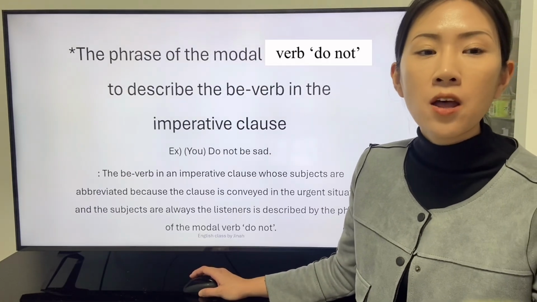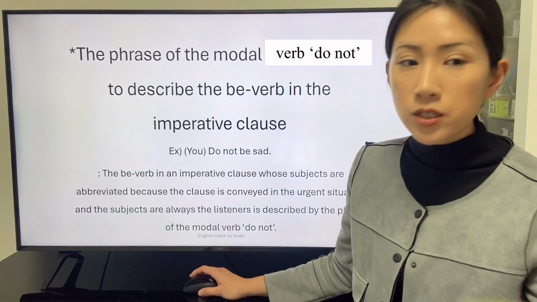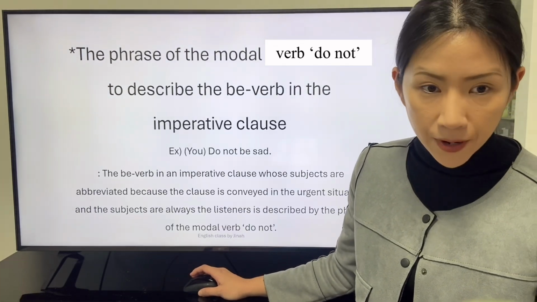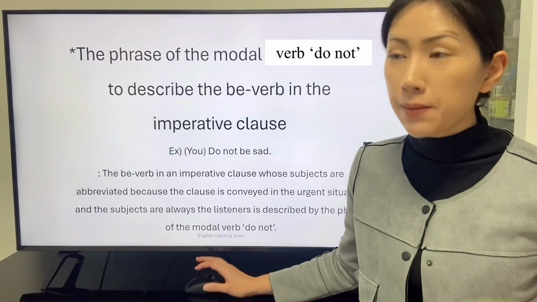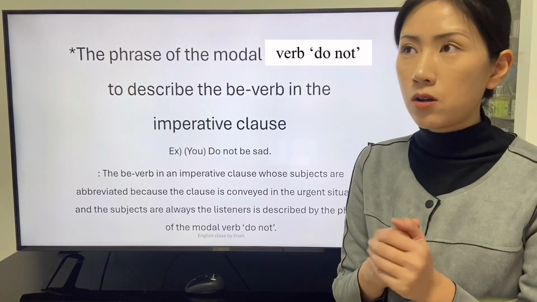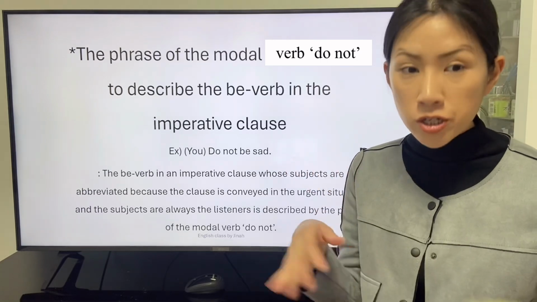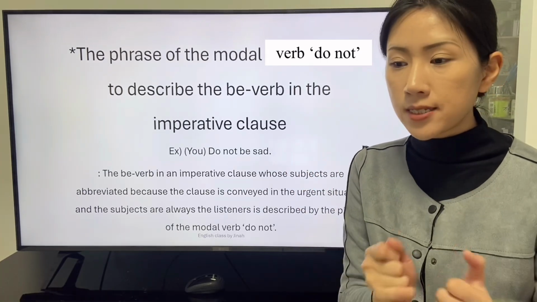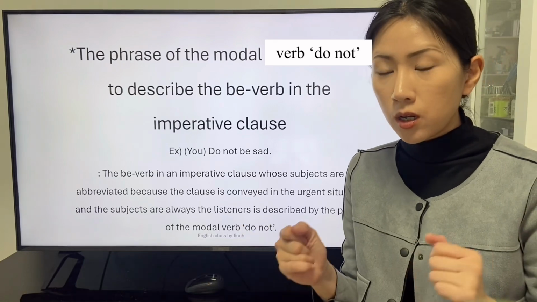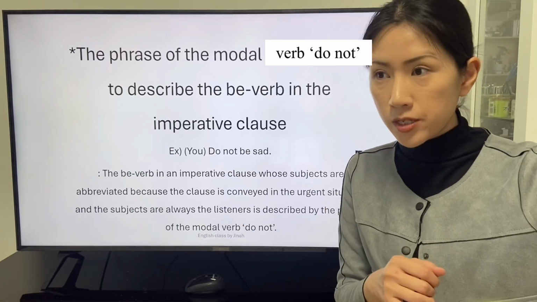The phrase of the modal verb do not describes the be verb in the imperative clause. The imperative clause is used in an urgent situation. The speaker conveys the imperative clause only to the listeners.